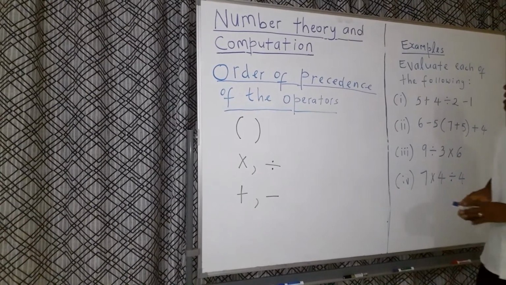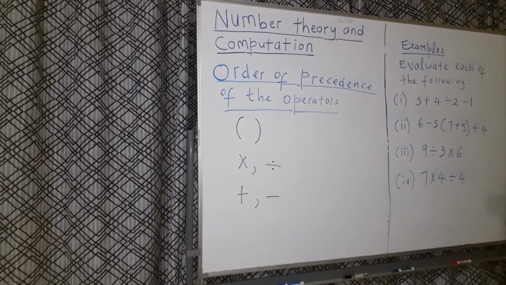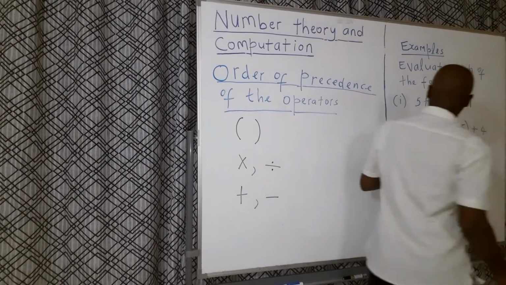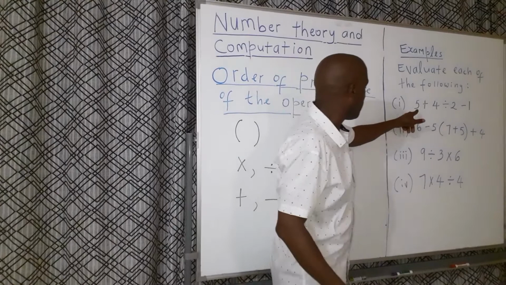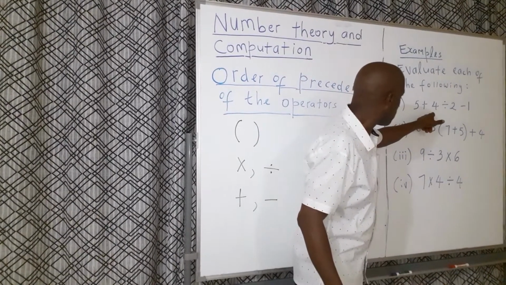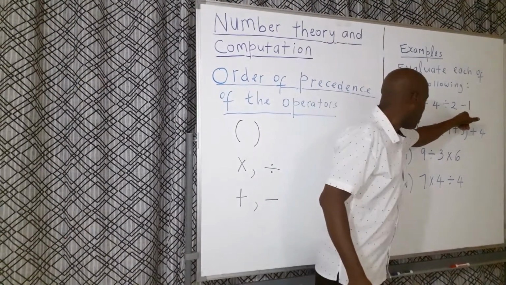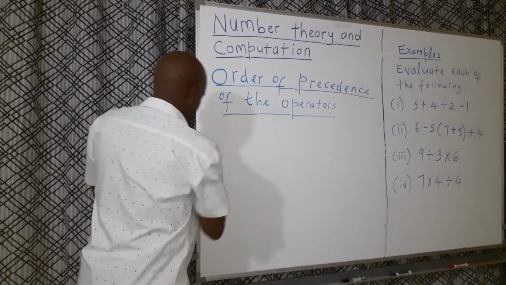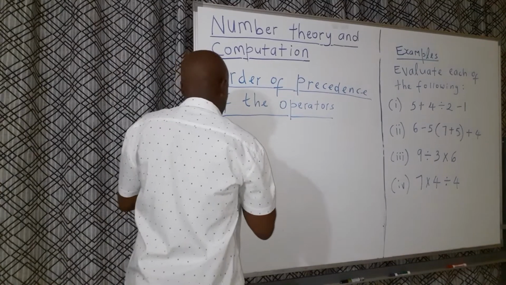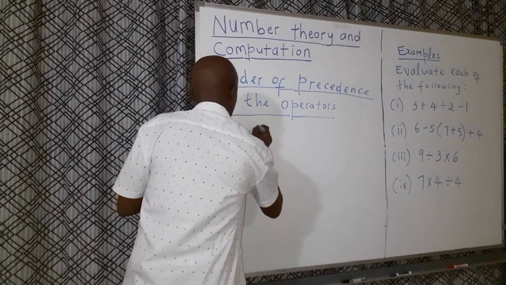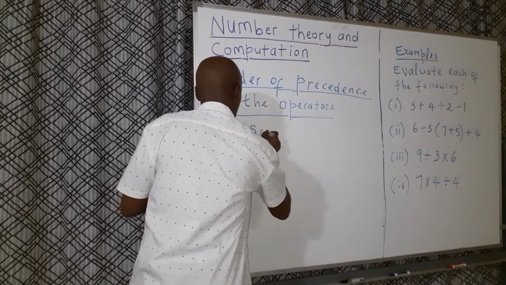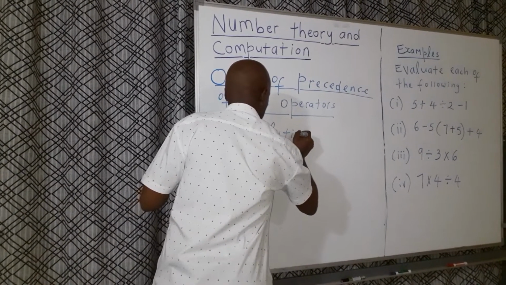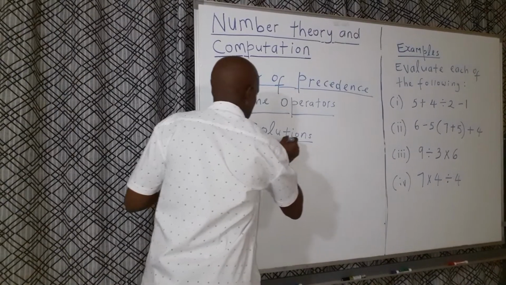For instance, here are some examples. If we're to evaluate the following, part 1 says 5 plus 4 divided by 2 minus 1. Let's see what will be the solution then.